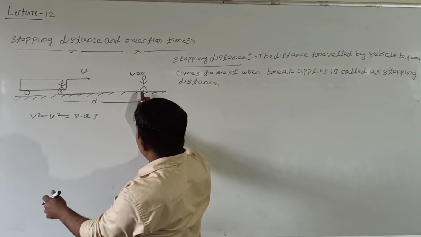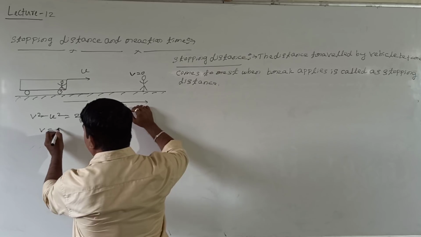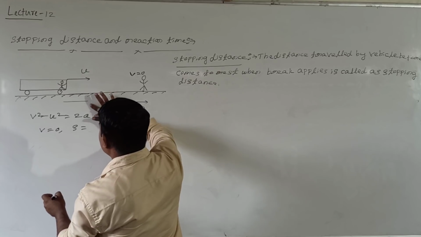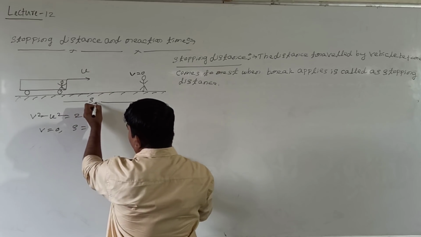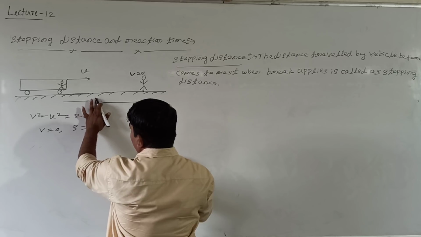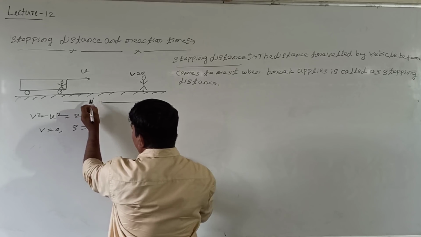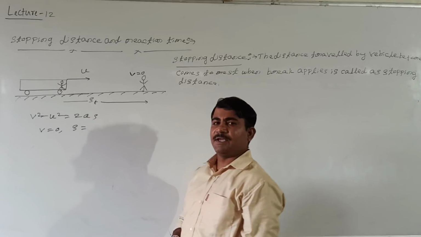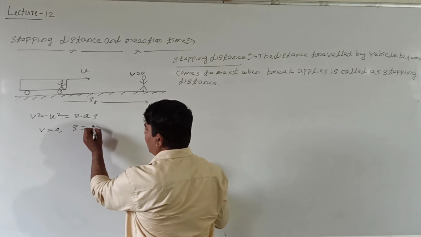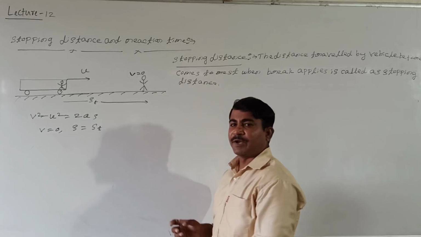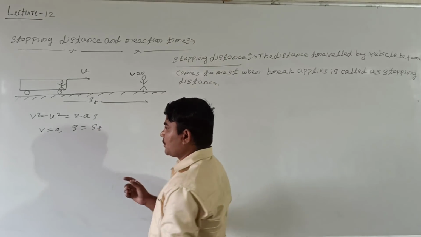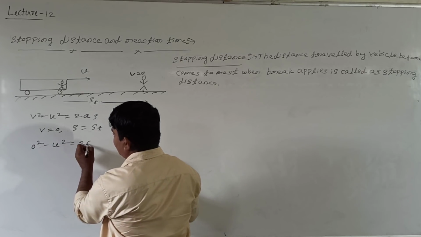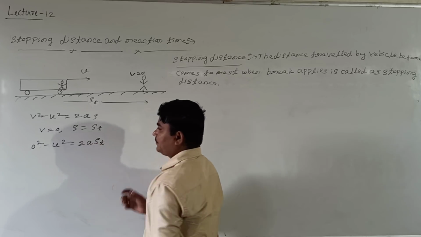When it comes to rest, the final velocity is 0, and the distance can be replaced by stopping distance, SD. Then this equation becomes 0 square minus u square equal to 2 a SD.